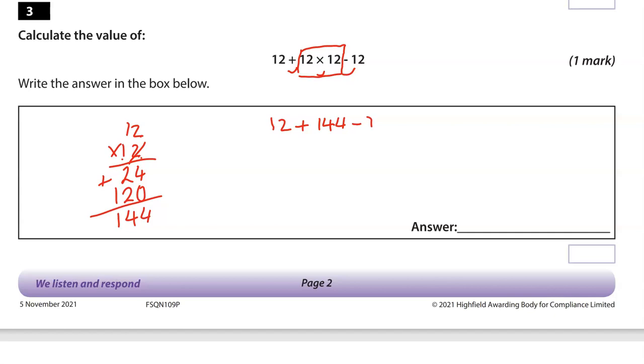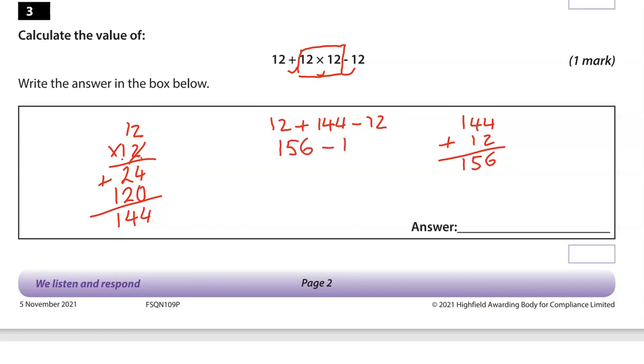Now we've got only addition and subtraction, which means we can take them in order that we read them. So 12 add 144 first. That is 6, 5, 1, so 156.